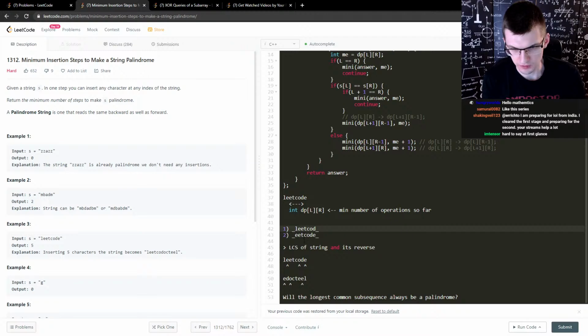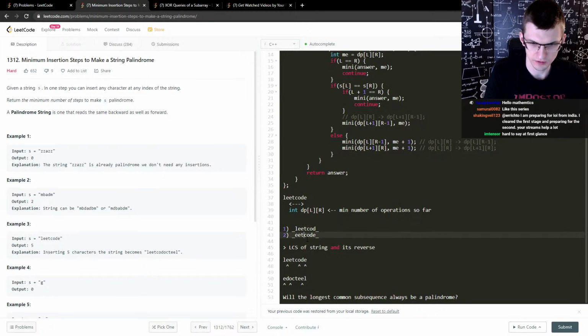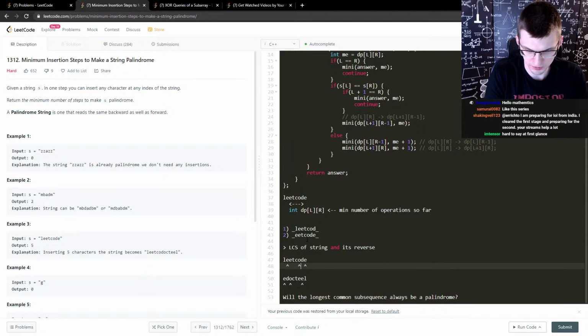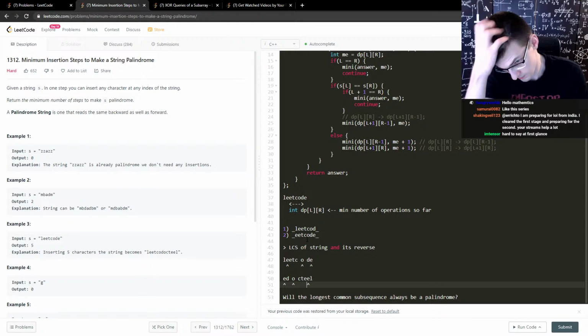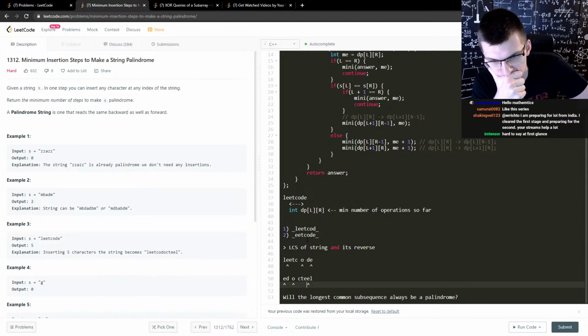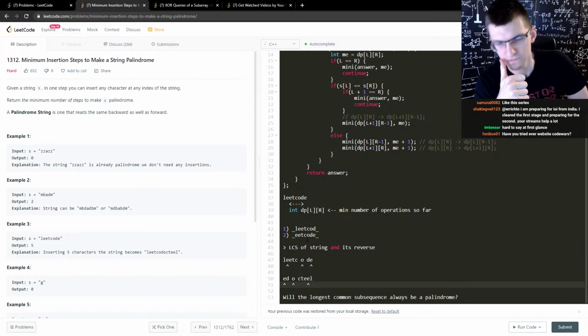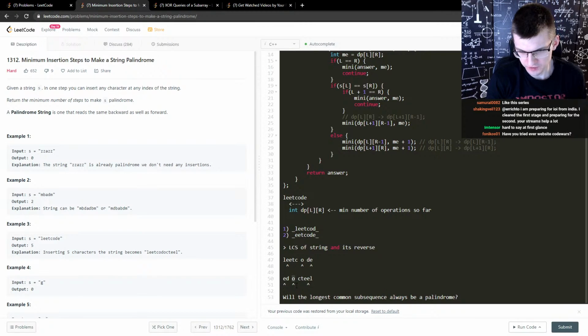So there exists some split point, maybe in one character. I don't like the fact that the split point is in different places in the two strings.